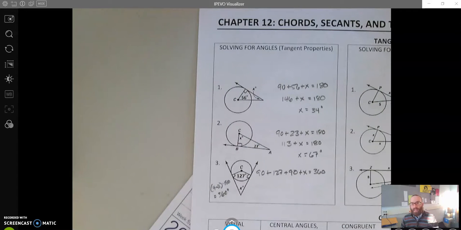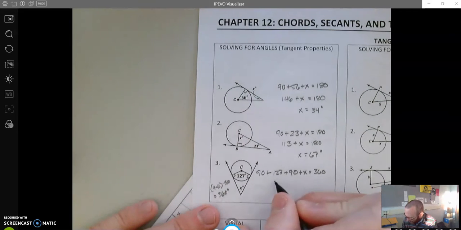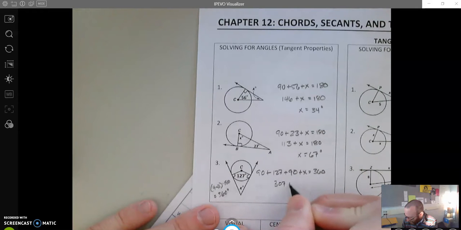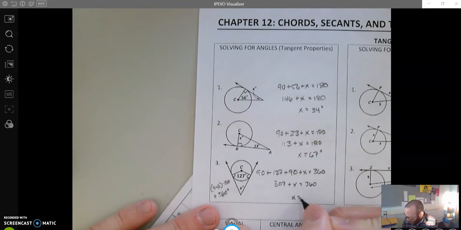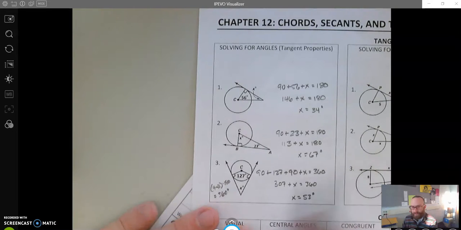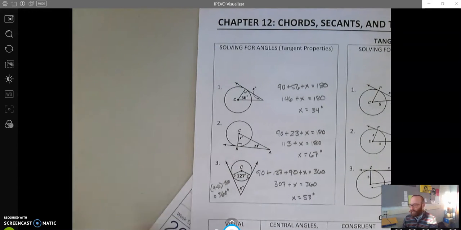Okay? So nothing major there. When we add those up, we get 307 plus x equals 360, and x was 53 degrees. Okay? Again, we saw those in class, and we're just reviewing them.